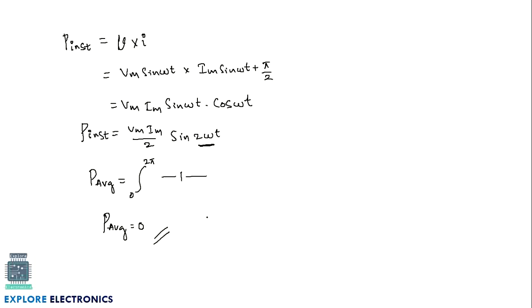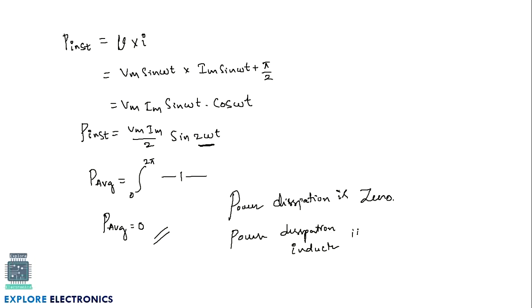It means the power dissipation or power consumption by the capacitor is 0. There is no power consumption by the capacitor. Similarly, power dissipation in an inductor is also 0. Power dissipation in a capacitor is also 0. In a resistor, the power dissipation is Vm Im divided by 2.